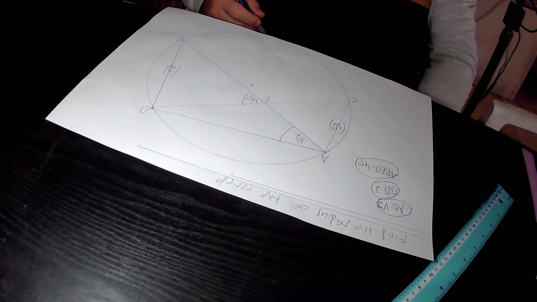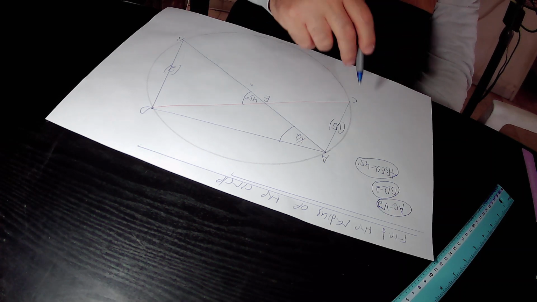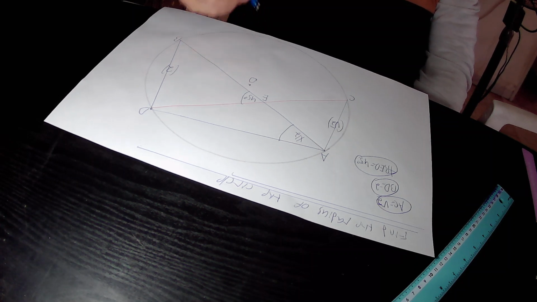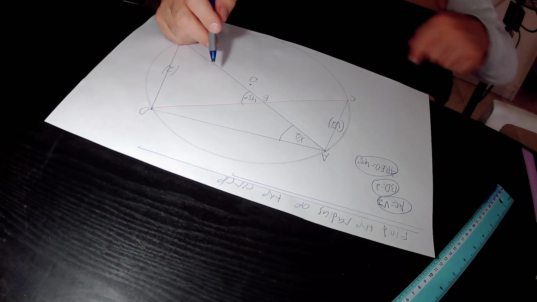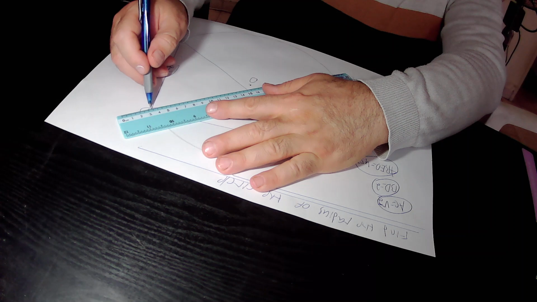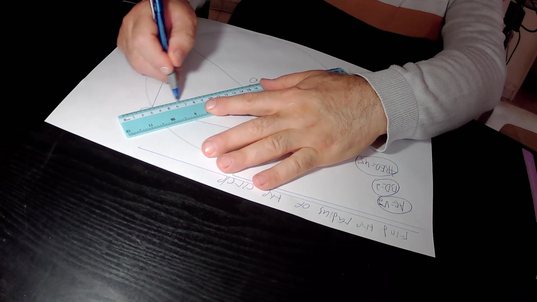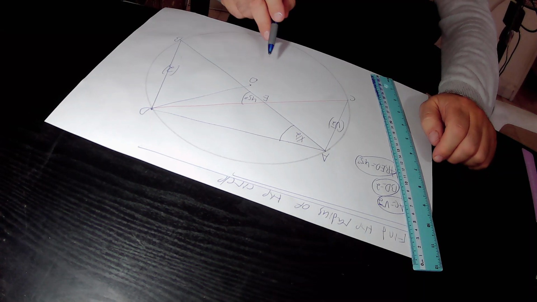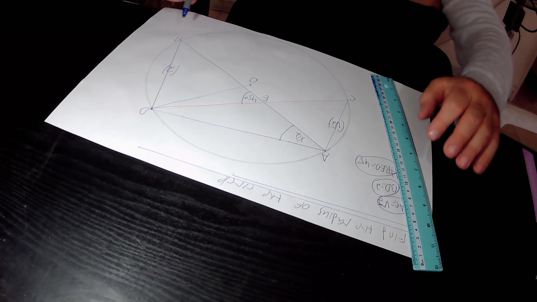In the next step, we define the center of this circle. This point is point O. We will join points O and D together by a straight line. Likewise, we join points O and B together by a straight line.